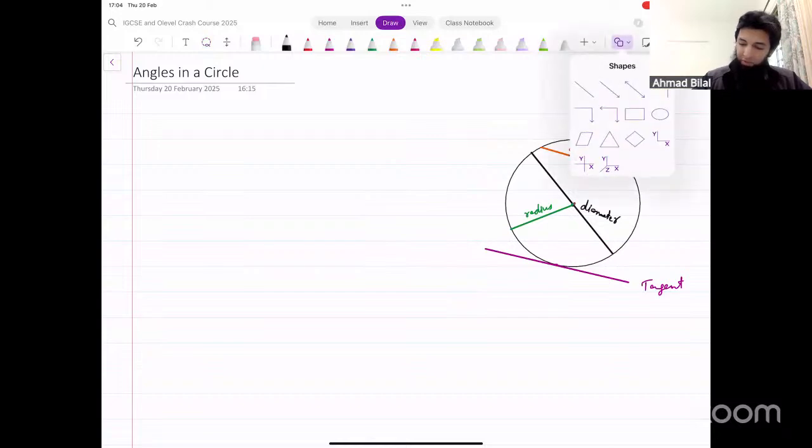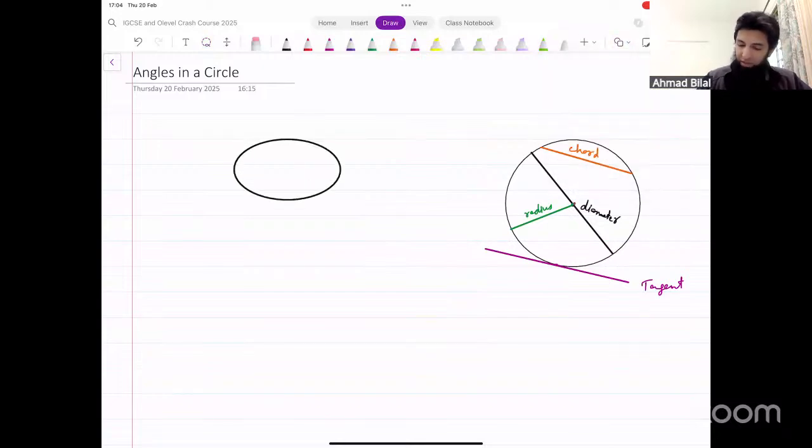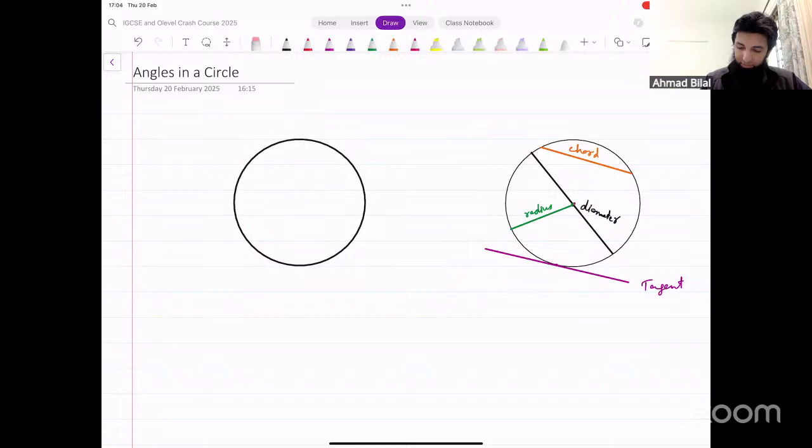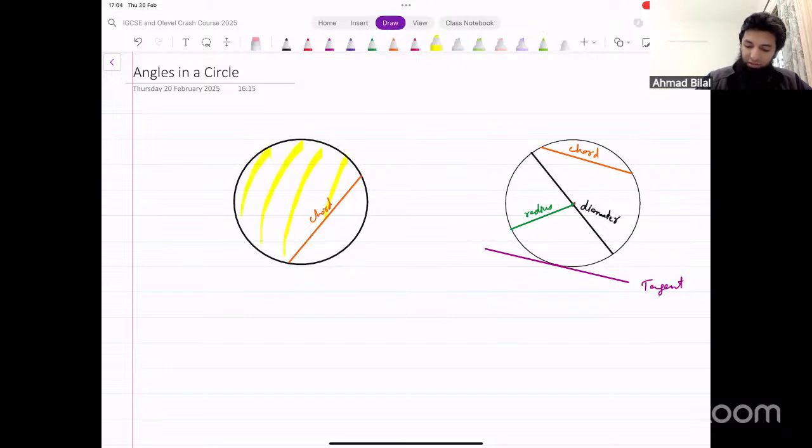And then there's one more thing. If we have a circle like this, and the circle is divided by a chord, any chord like this. These two regions that you see, one region here and another region here, the chord divides your circle into these two separate regions, right?